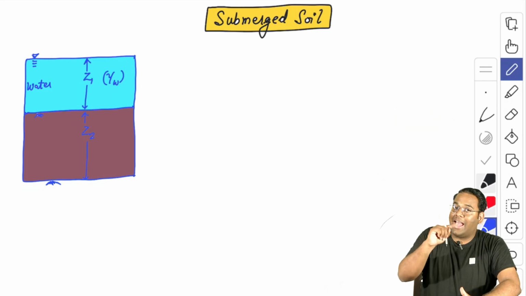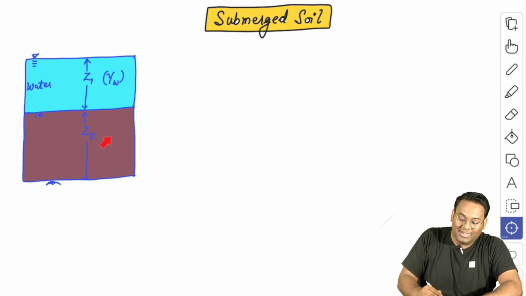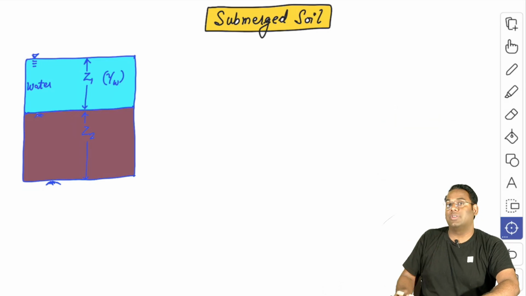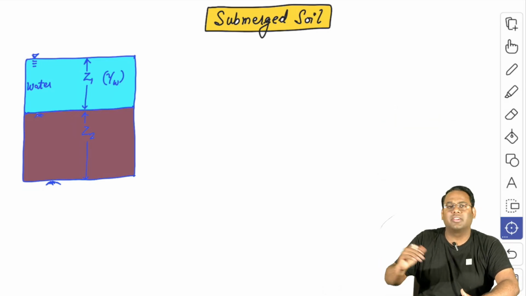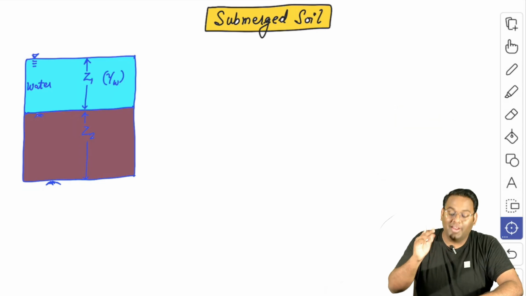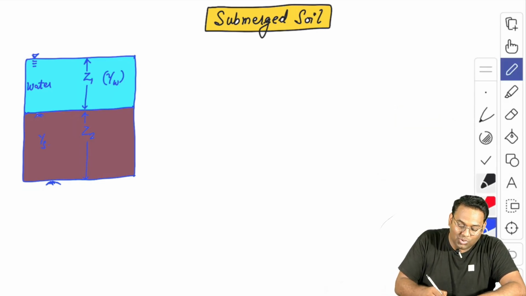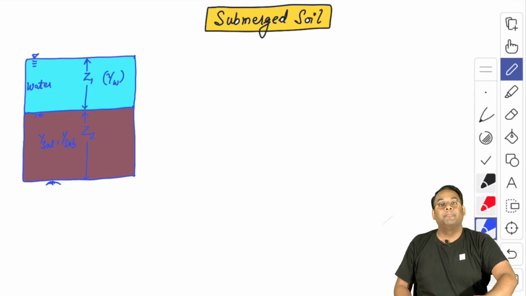Also understand that as water is present above this soil level, this soil will be completely saturated with water, especially up to a certain depth. So here you will use the gamma saturated or gamma submerged in this particular depth.